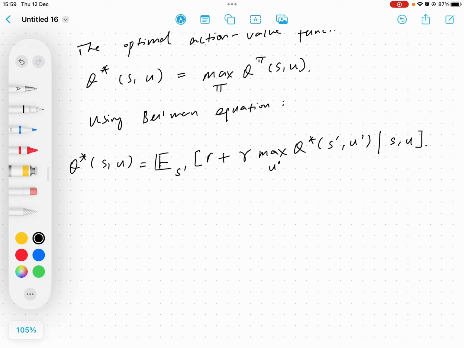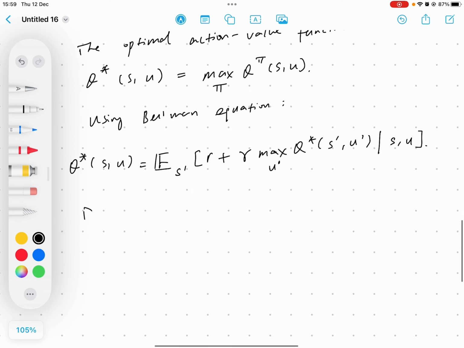Good. So DQNs are optimized by, oh, we should introduce the data first, maybe we should do this later.